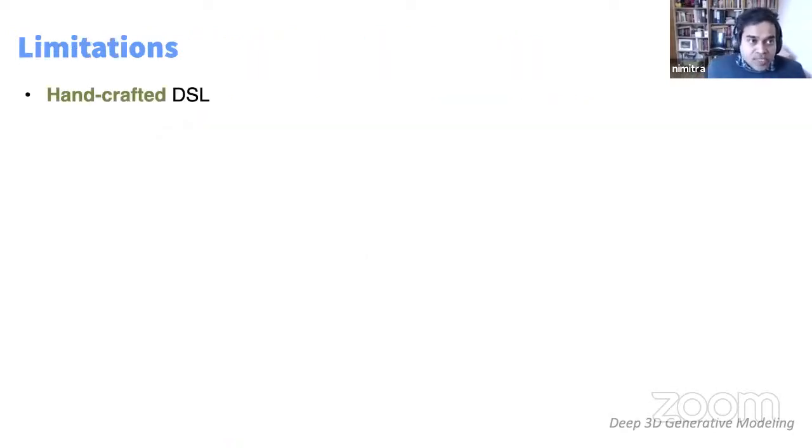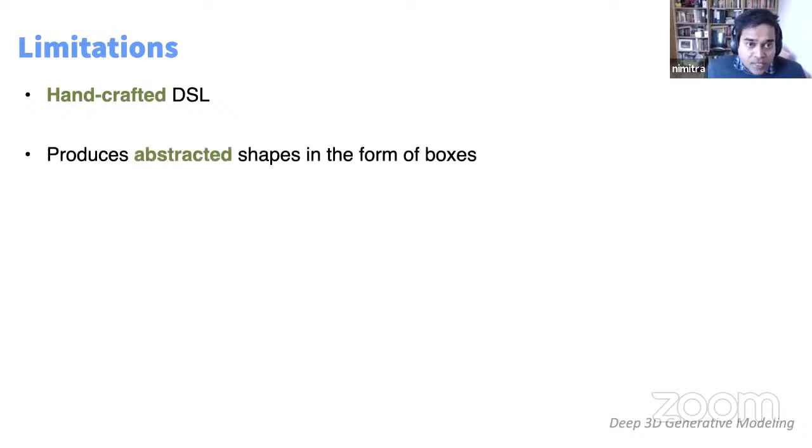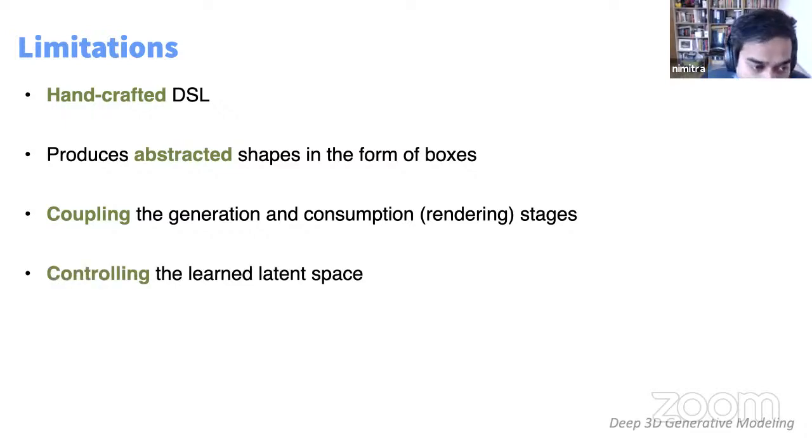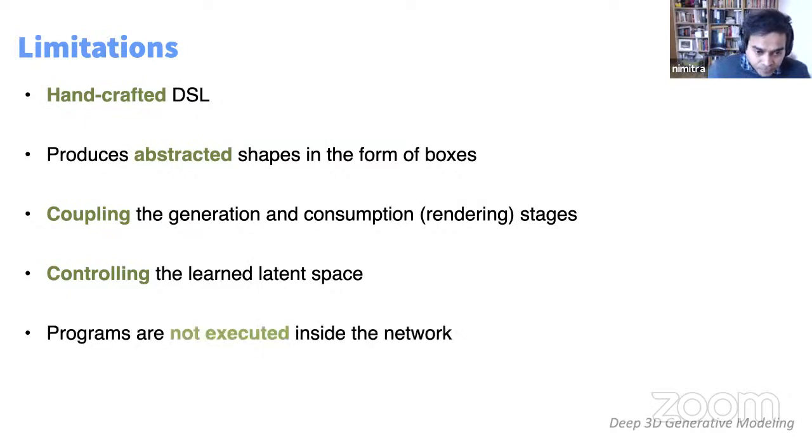As limitations, we still have this handcrafted DSL, which we believe we can remove, and it produces these abstracted shapes, but it requires supervision in terms of the hierarchy information, which really is a limitation that such methods have.